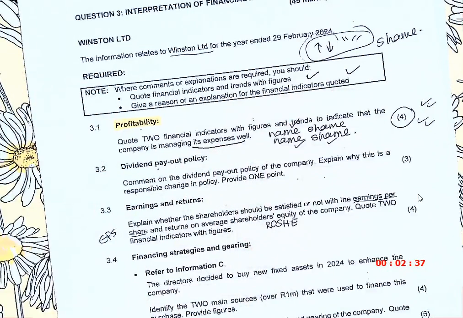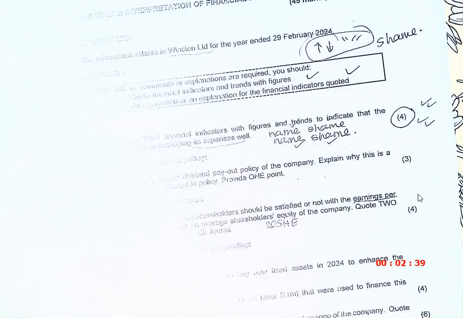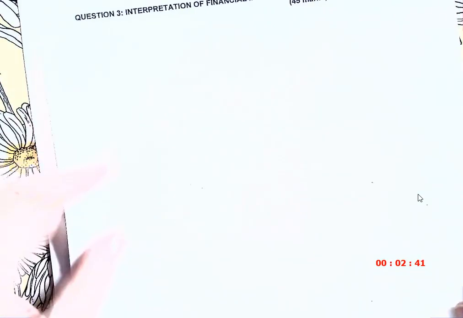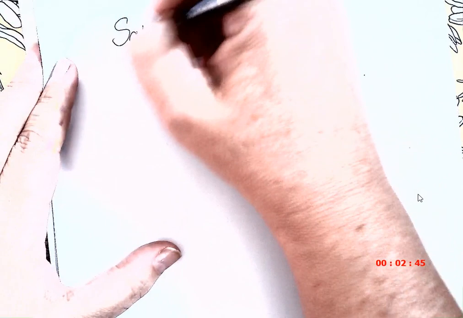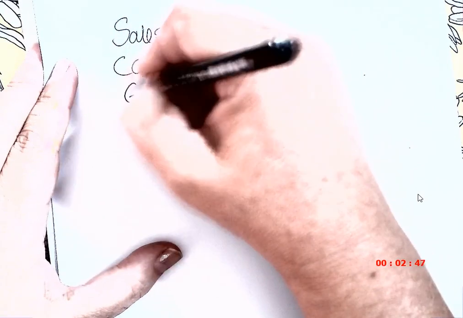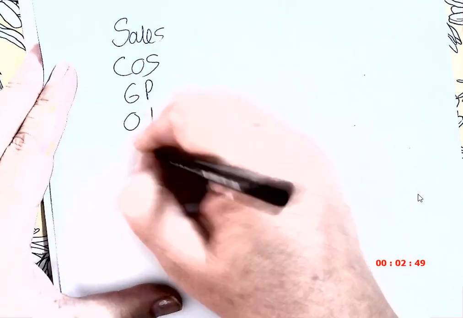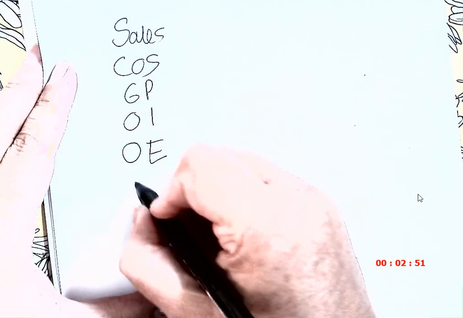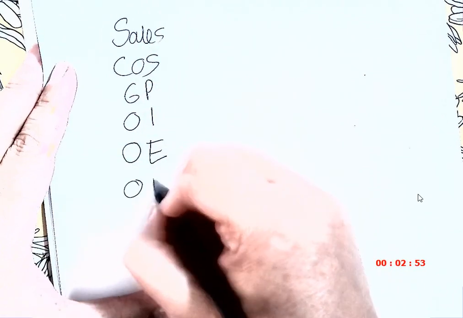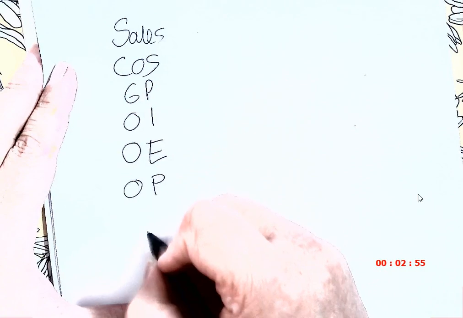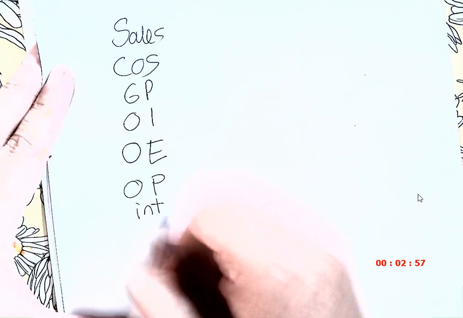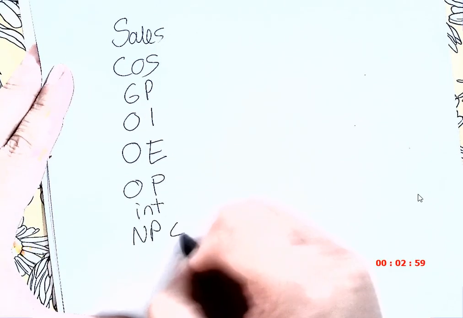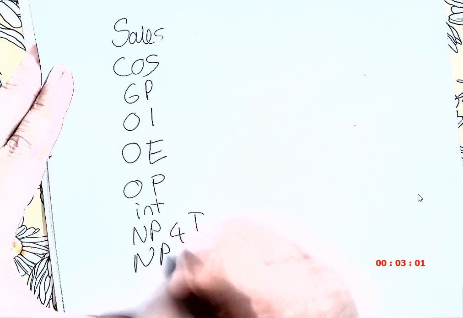Now, these ratios are all in the income statement. Am I right? So if I do the income statement, quick, it's sales, cost of sales, gross profit, operating income, operating expense, operating profit, interest, net profit before tax, net profit after tax.